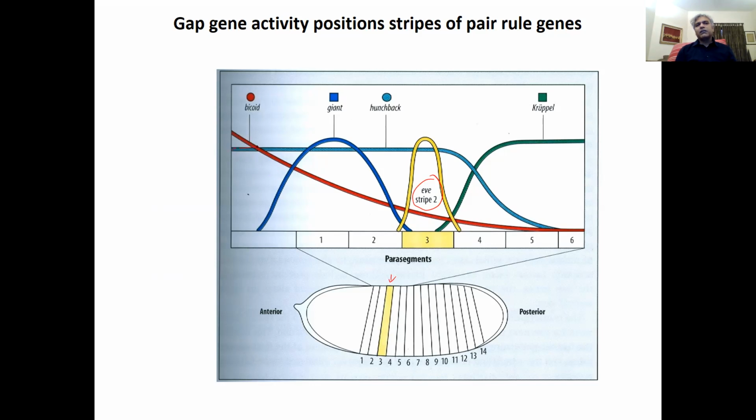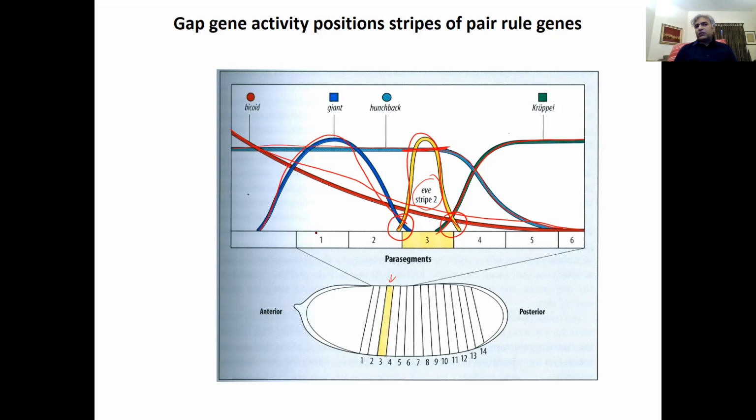For example, here we have the hunchback concentration, the Bicoid concentration, the giant, and the Krüppel. Where you have the least concentration of the gap genes, and this threshold of hunchback, we will have the even skipped peak.